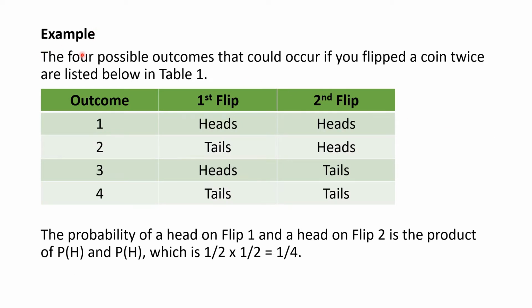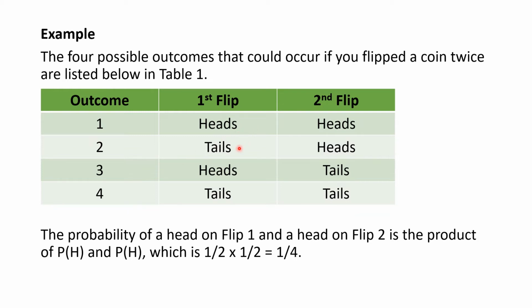For example, the 4 possible outcomes that could occur if you flip a coin twice are listed in the table below. So there are only 4 possible outcomes when you toss 2 coins.